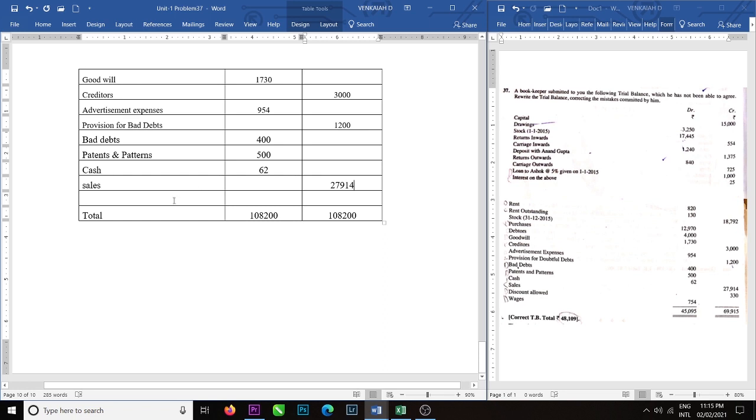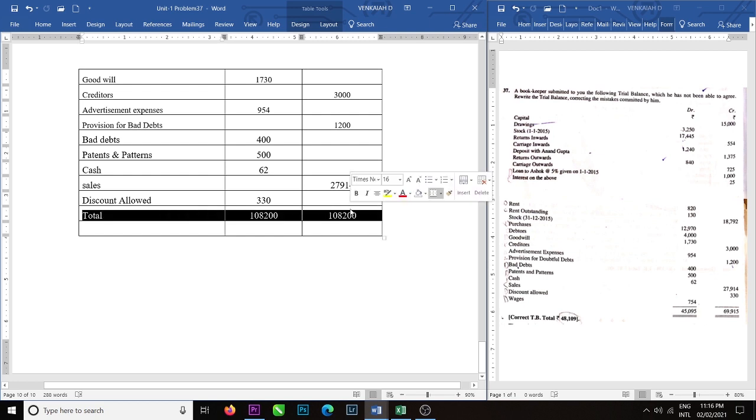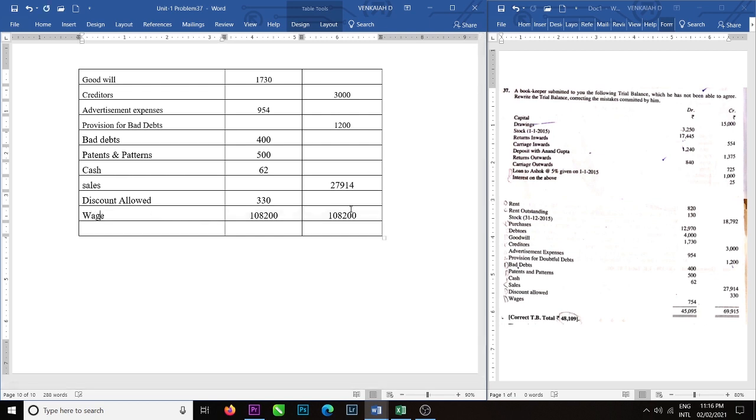Discount allowed debit. The last one is wages. Wages is expense, 754.